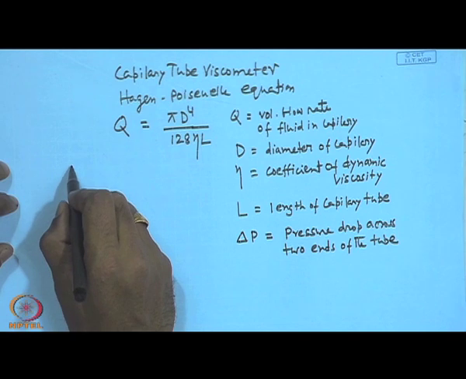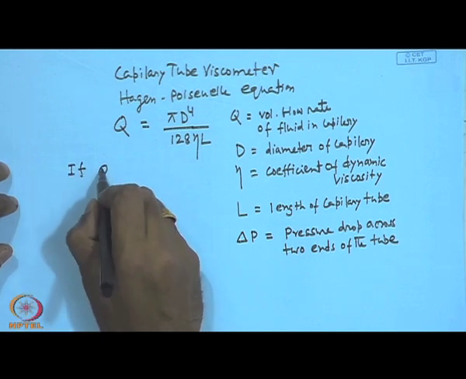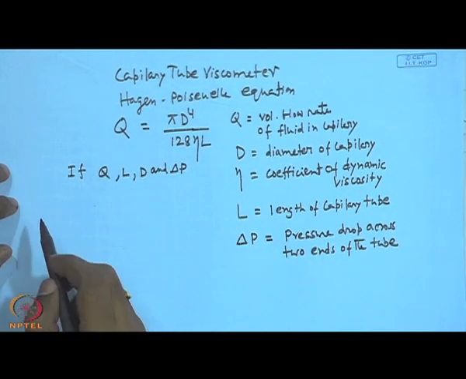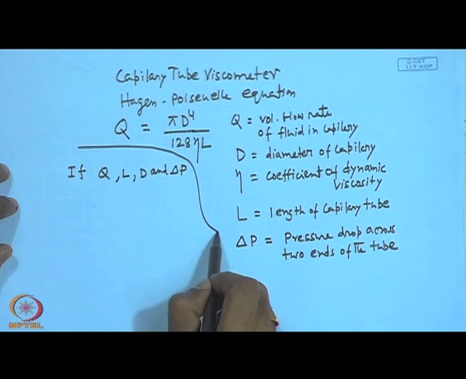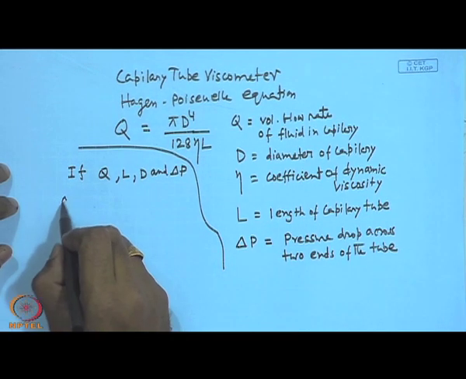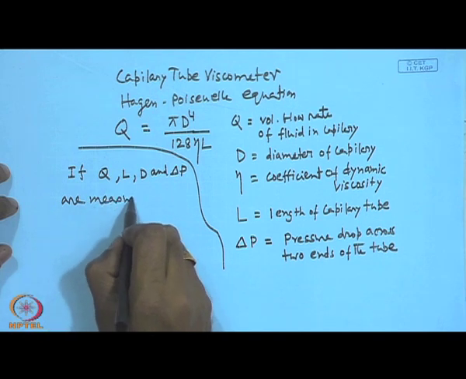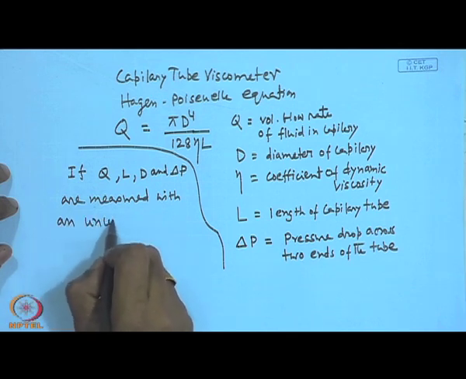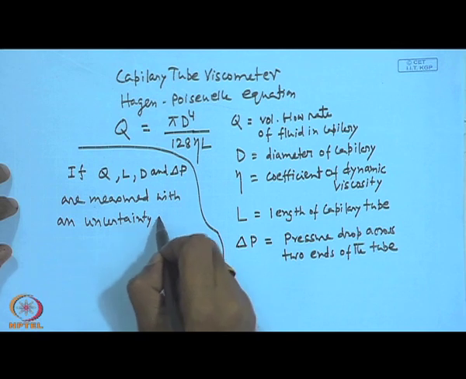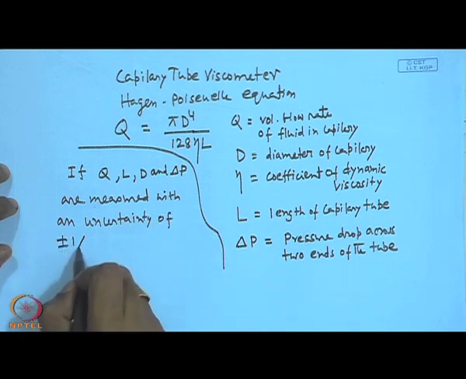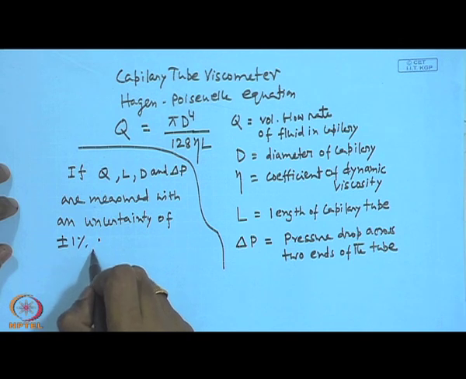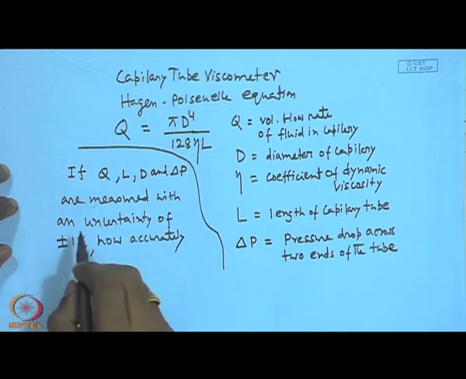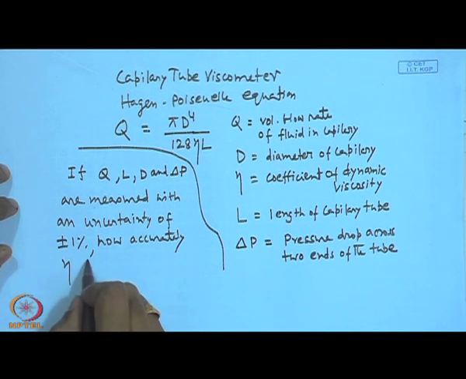Now, the question you ask is, if Q, L, D and delta P are measured with an uncertainty of plus minus 1%, how accurately the dynamic viscosity eta is known.